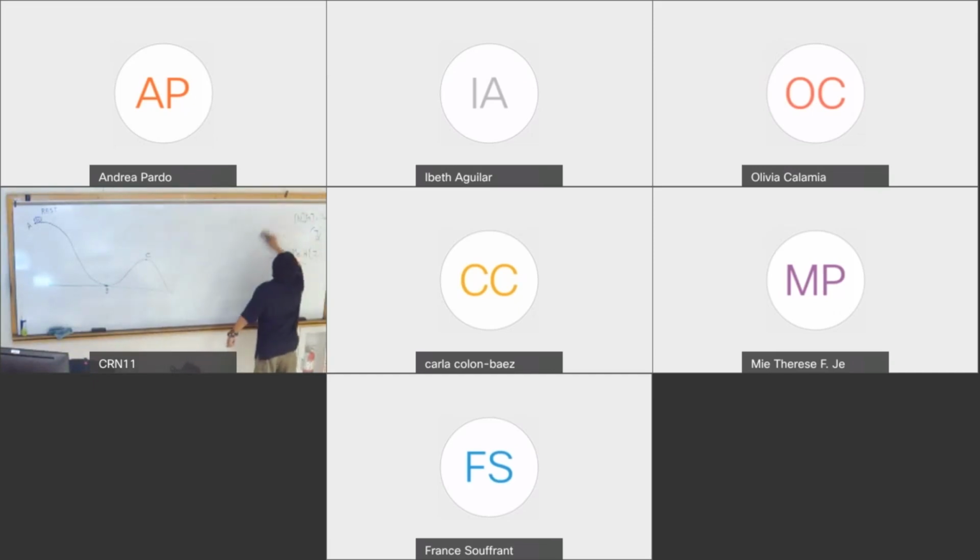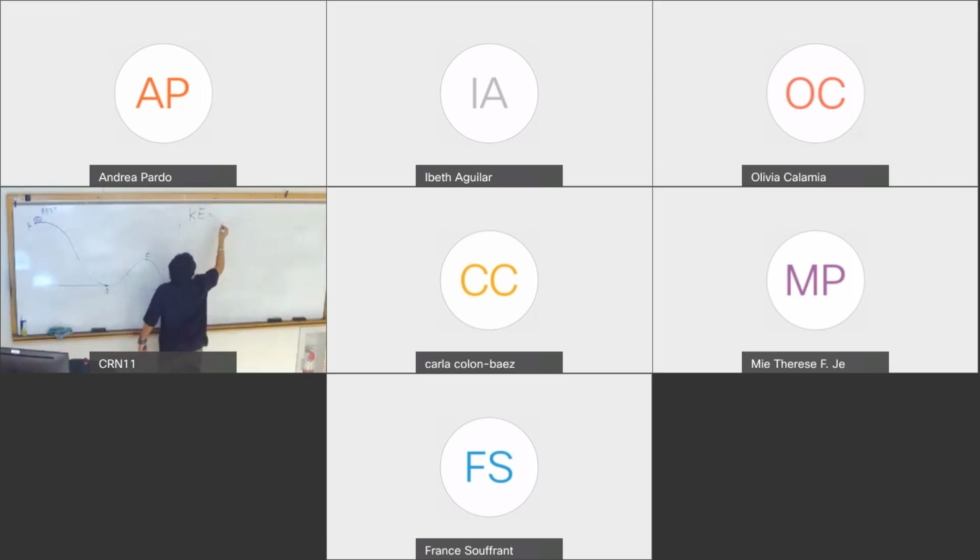The first thing we need to do is to write down the energies that we use in mechanics, the most common ones. Kinetic energy, KE, which is equal to 1/2 mv squared.